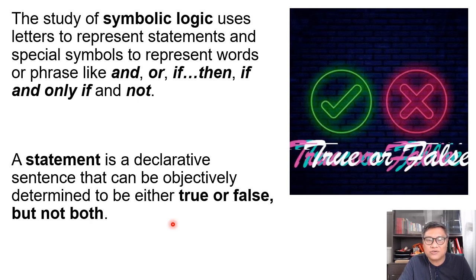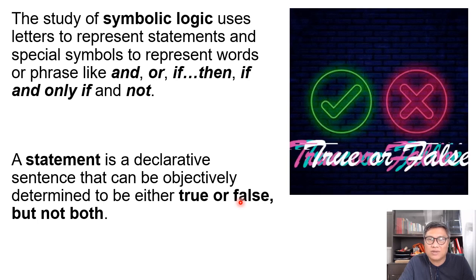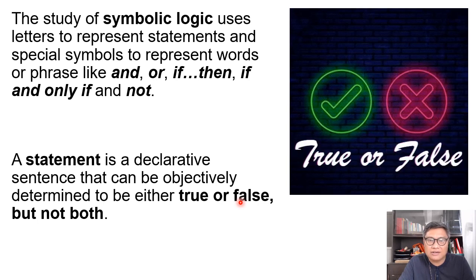Once you have identified that, the next thing to analyze is whether you can tell if the statement is true or false, but not both. Otherwise, even if the sentence is declarative, if you cannot tell whether it is true or false, then it is not considered a logical statement.